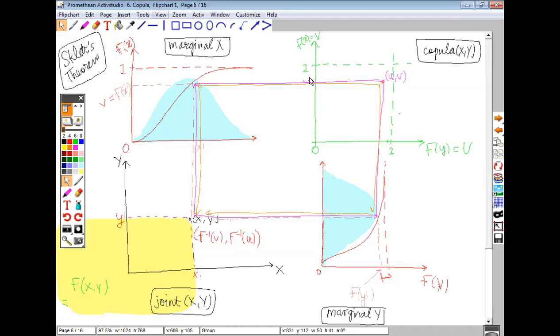So it does satisfy the uniform distribution's property. Its domain is 0, 1. The values that it's going to take will also be between 0, 1. And it's increasing in nature, and all the distribution properties are also satisfied. So we can say that copula is nothing but a multivariate uniform distribution in general.